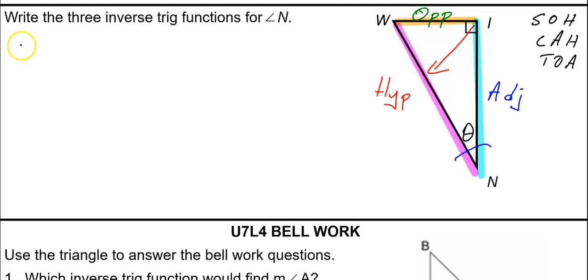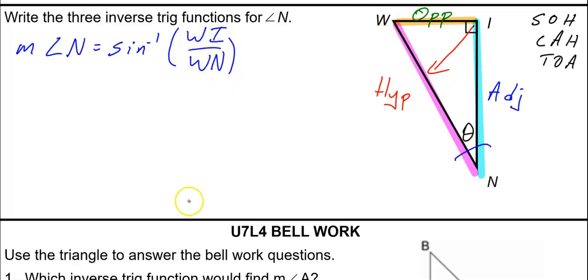So the measure of angle N. If we're using inverse sine, it's going to be the length of the opposite side over the length of the hypotenuse. Sine is opposite over hypotenuse.